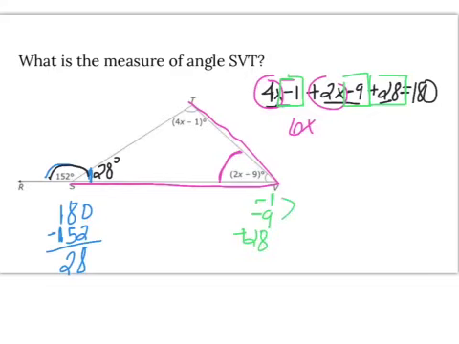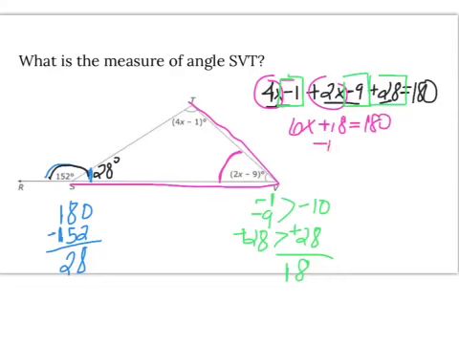I'm going to combine my negatives. A negative 1 and a negative 9 is negative 10. And then I have my positive 28. So negative 10 plus 28 is going to give me 18. They're different signs, so I subtract, and I have more positives with my 28, so I'm going to keep it positive. So 6x plus 18 all equals 180.